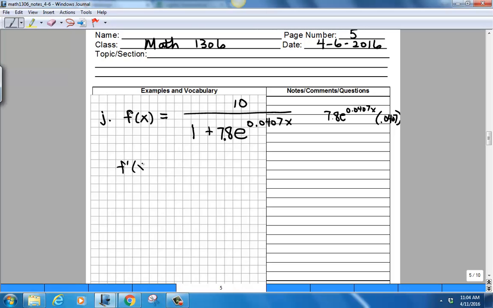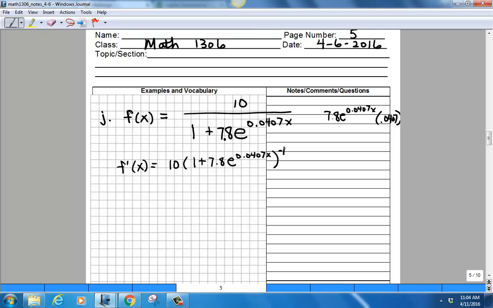Here's how I'm going to rewrite the function f. I don't like that fraction. That fraction is causing me heartburn. So I'm going to write this without a fraction. I'm going to take that entire denominator and write it to the minus 1 power, so that I don't have a fraction, because it's kind of hard to find rates of change of fractions. You can do it, but that is troublesome. So I'm going to write that as 10 times that denominator raised to the minus 1 power.